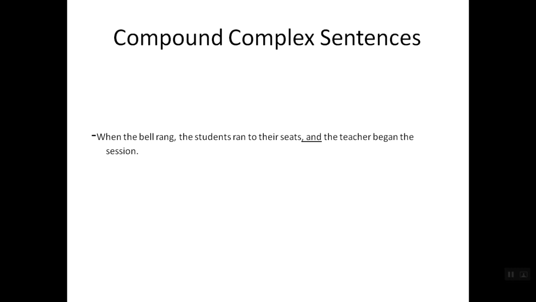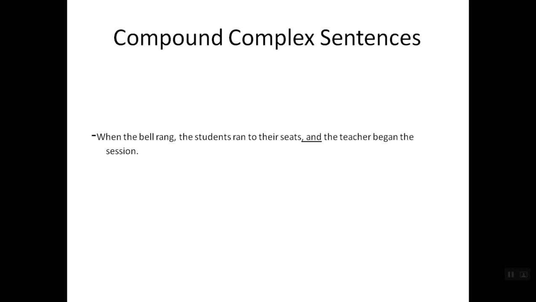Okay, so here we have a compound sentence, which starts from the students ran to their seats and the teacher began the session. So this is a compound sentence, right? Yes, two independent clauses joined by a coordinating conjunction, which is and here.